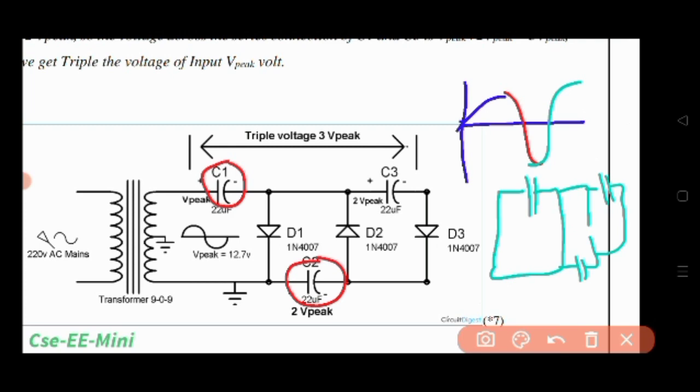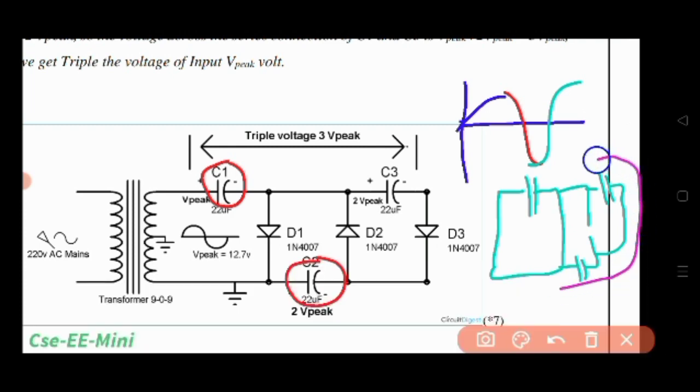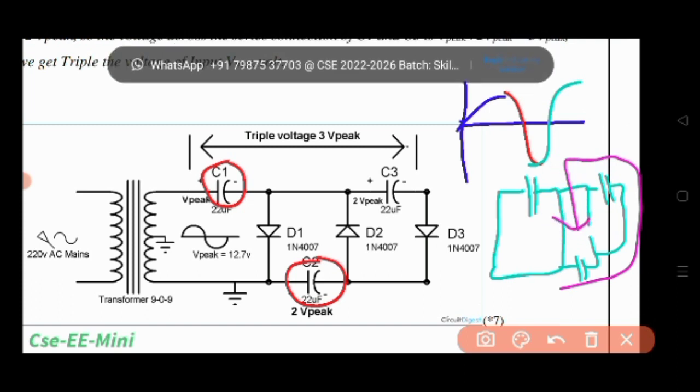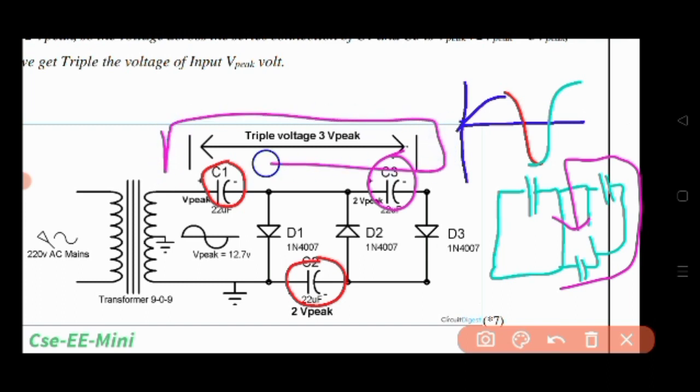So now you can see that the current can easily flow through this direction. In this way capacitor C2 will charge capacitor C3 up to 2 V peak, and capacitor C1 is already charged to 1 V peak. So all these will result in the 3 V peak resultant. So in this way the voltage tripler circuit works.